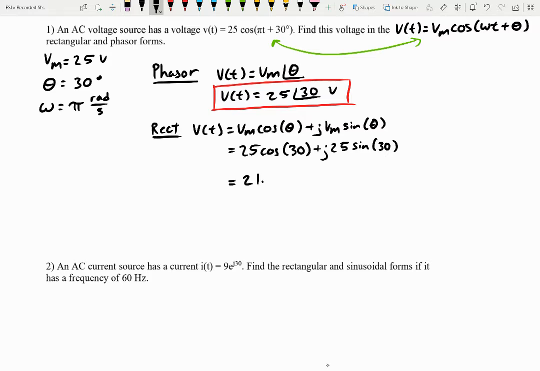I'm getting 21.65 for the real part, and the imaginary part is 12.5. All right, and that's all we have to do.